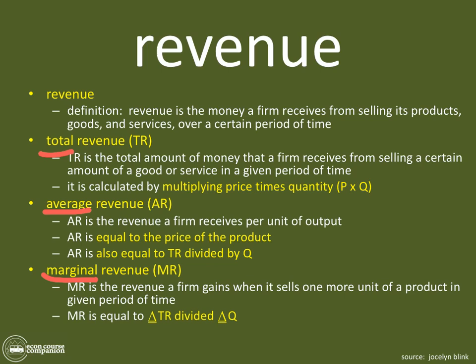What follows it is always something else, like revenue, or in the cost section of this unit, product, or cost. There are general ways in which we're going to calculate things. We're always going to figure out the total, then the average, and then the marginal.